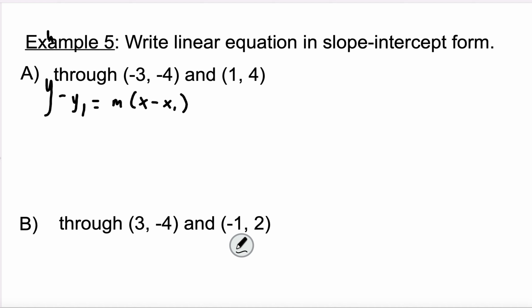The thing here is I do not have the slope. So let's come over here and find the slope. So slope is equal to y2 minus y1 all over x2 minus x1. All right, so we're going to name these points. We're going to call this first ordered pair here.